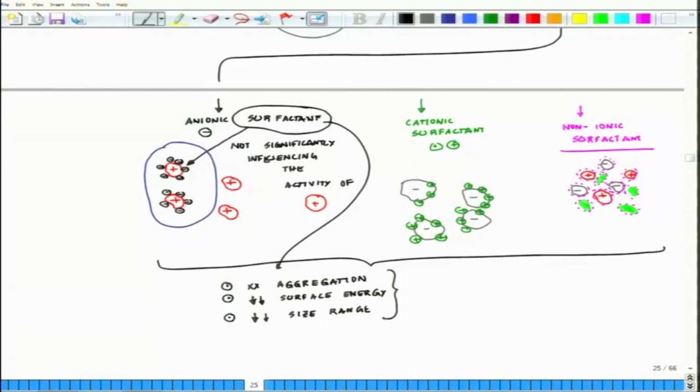Okay. Now, the next technique we will be talking about is inert gas condensation.